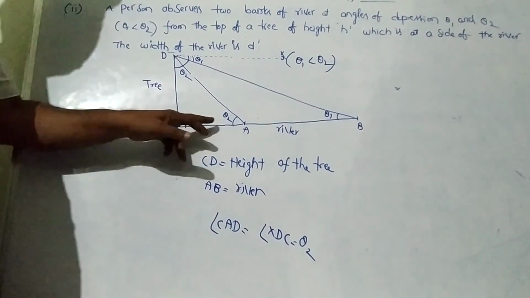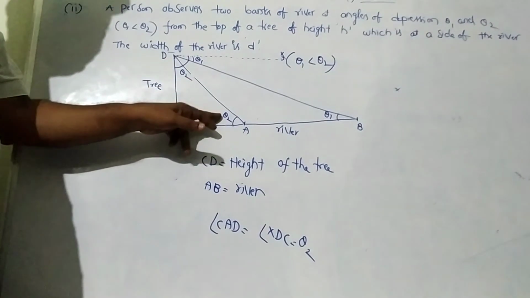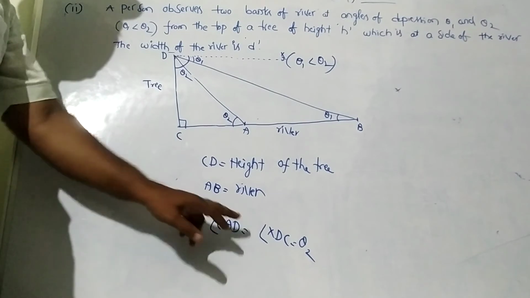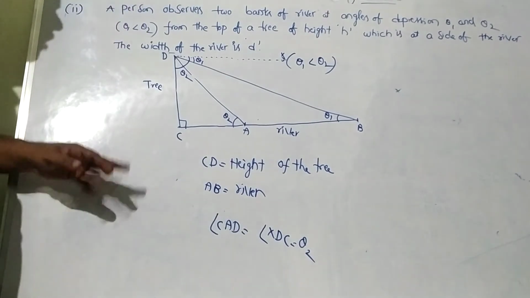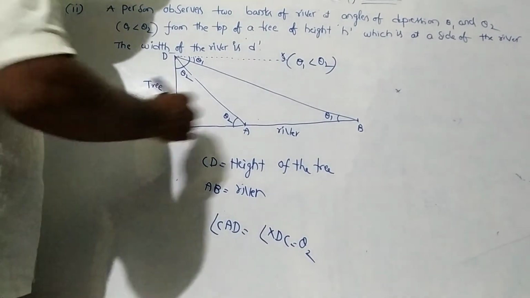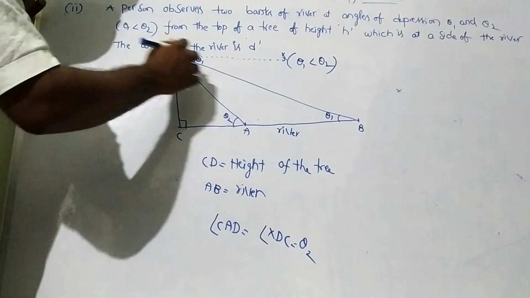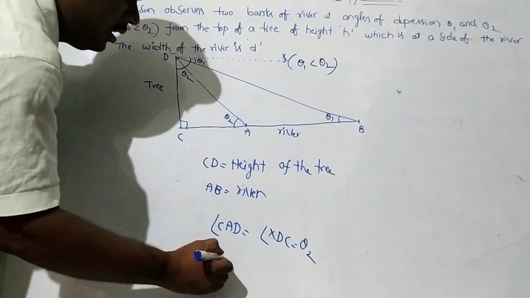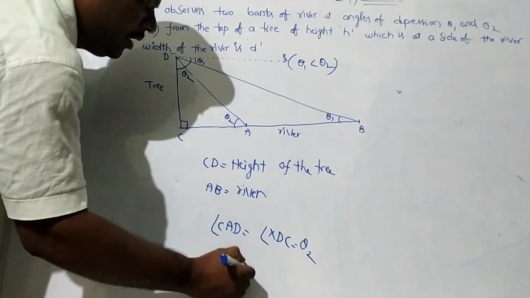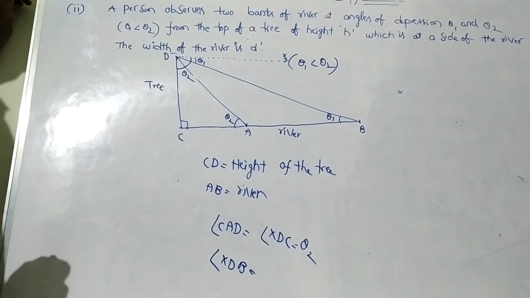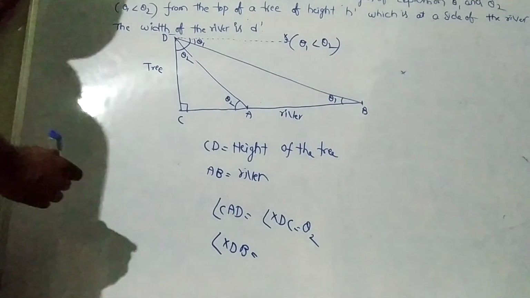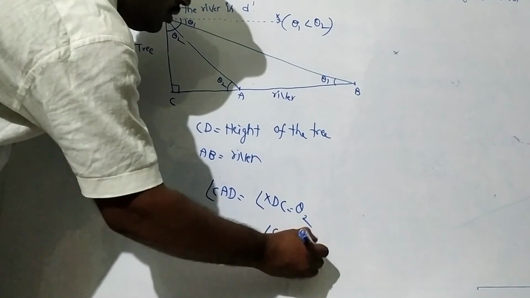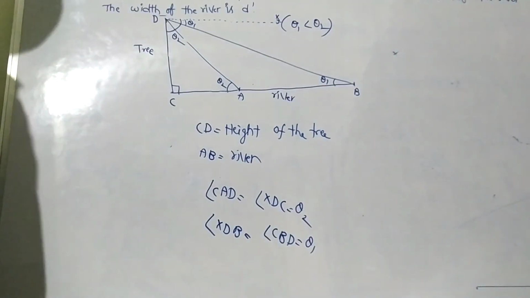Angle CAD means θ2, and angle XDC is also θ2, the angle of depression. Next, θ1 means angle XDB. Angle XDB equals angle CBD. Angle CBD equals θ1, that is also an angle of depression.